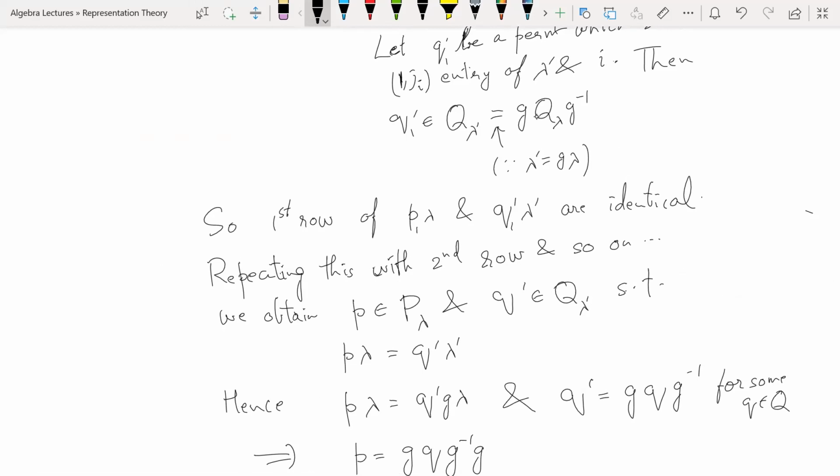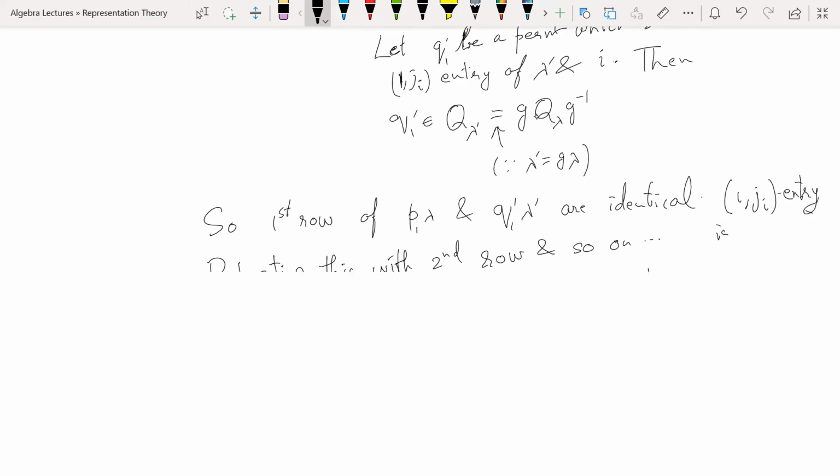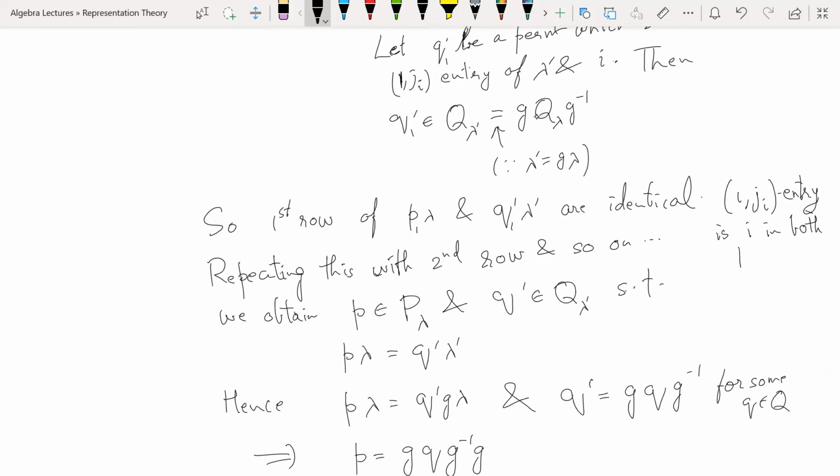In fact the 1 comma G i entry is i in both P1 lambda and Q1 prime lambda prime by the permutations we have chosen. The way we have chosen P1 and Q1 prime, this will happen. So the first row is identical.